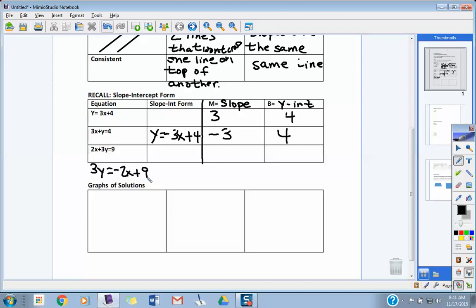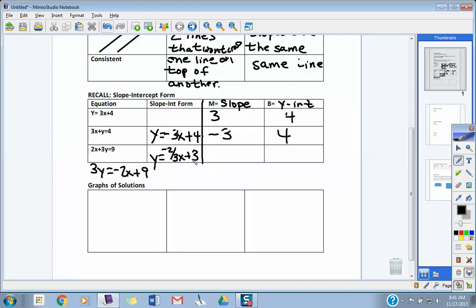What do you want to divide everything by, kiddos? 3. Divide everything by 3. So you're going to end up with y equals negative 2 over 3. Is that going to divide nicely, or should we leave it? So we'll call it negative 2/3 x. How about the 9 divided by the 3? Plus 3 then, right?